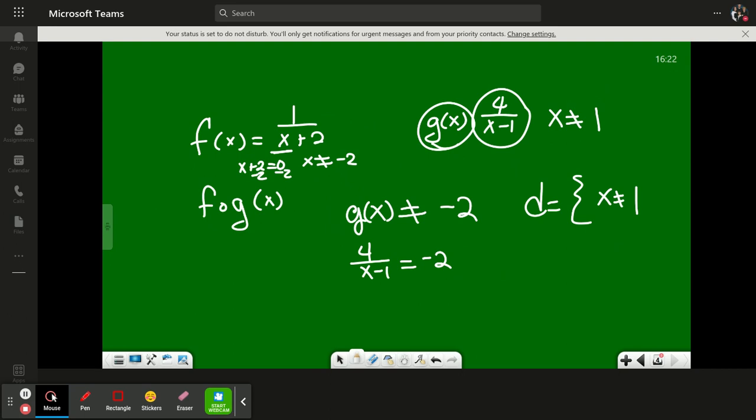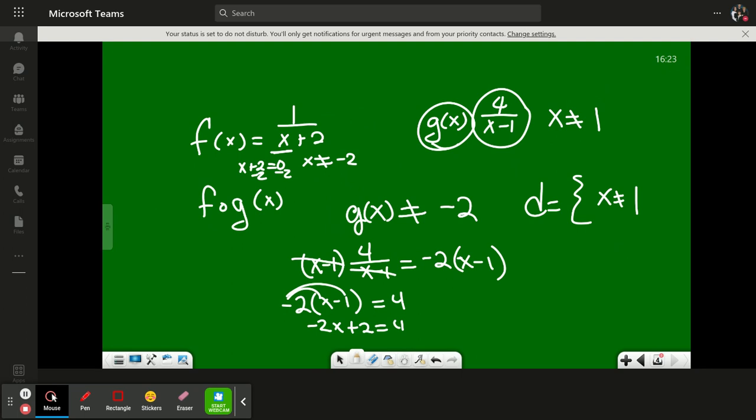How do I solve the rational equations, guys? Did you say pray? We gonna need all that. Okay. So multiply both sides by your denominator. And now I've got negative 2 times x minus 1 equals 4. Distribute your negative 2. I've got negative 2x plus 2 equals 4.